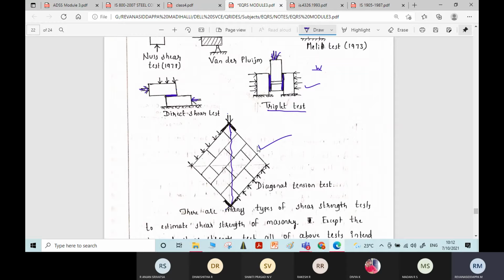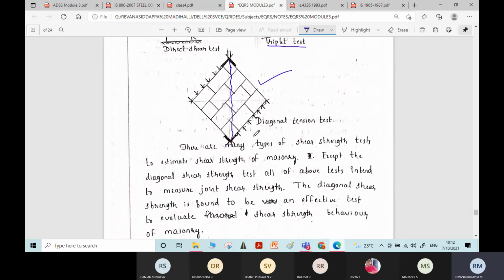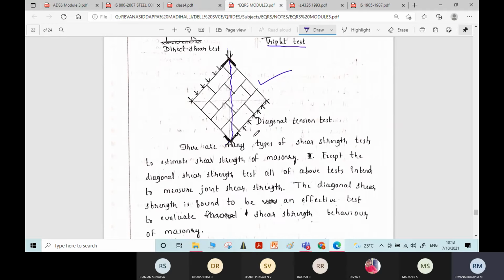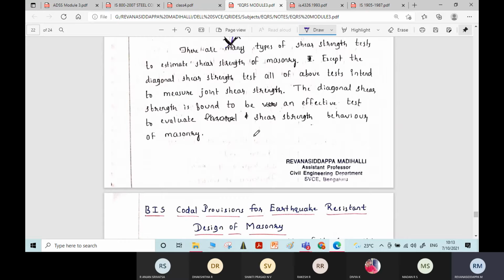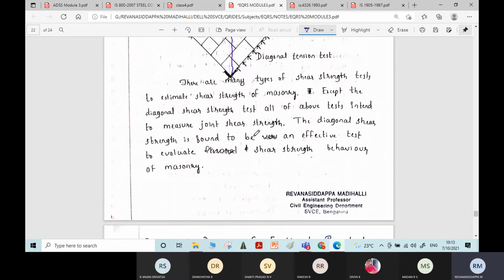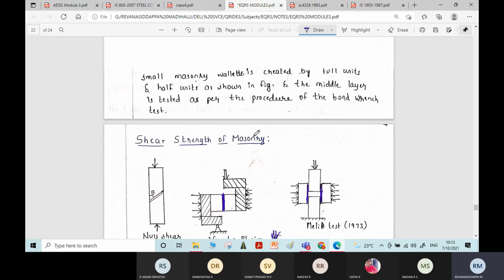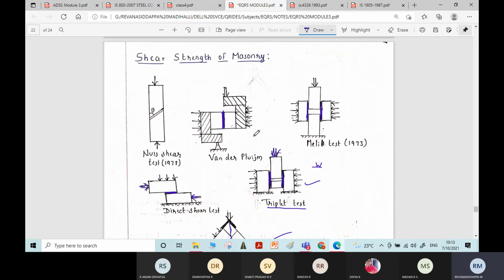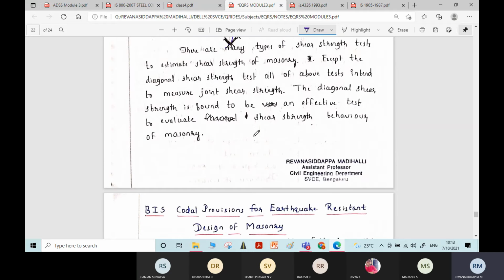A lot of research is going on there with respect to masonry. You will be studying these tests in detail in the next semester, where you have a regular subject on design of masonry structures. So this is how the shear strength of the masonry will be investigated.